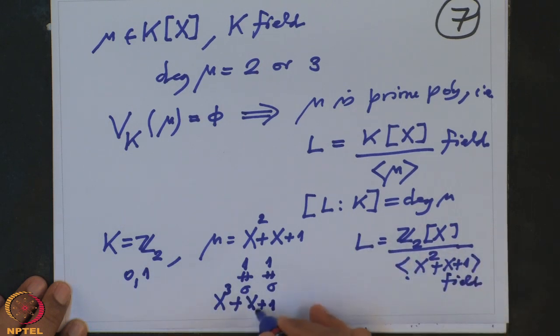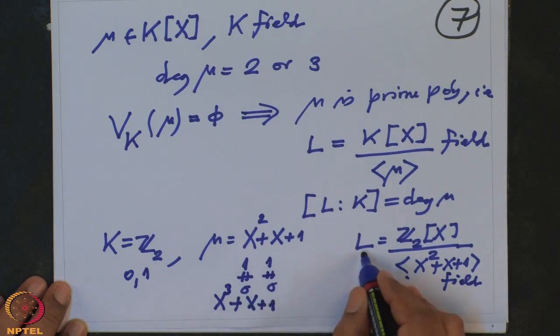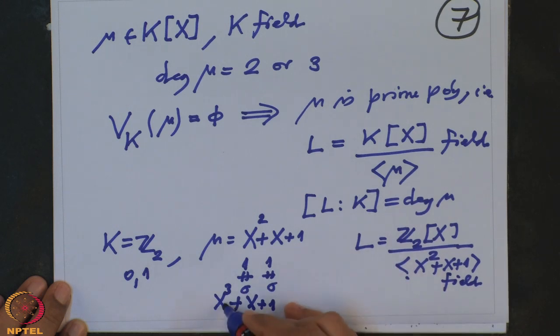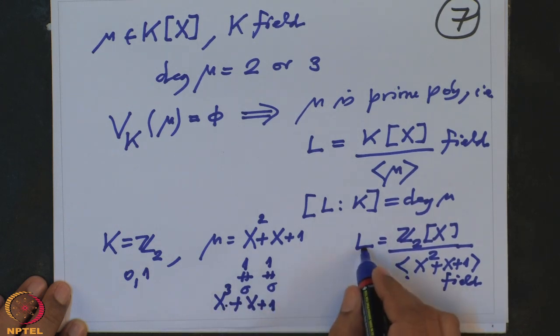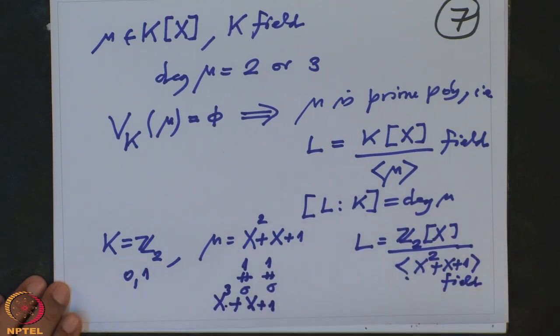In this case, once we check it is a prime polynomial, the degree of L over K will be 3, and therefore, L will have cardinality 2 power 3, which is 8. That is how one constructs finite fields with bigger cardinalities.